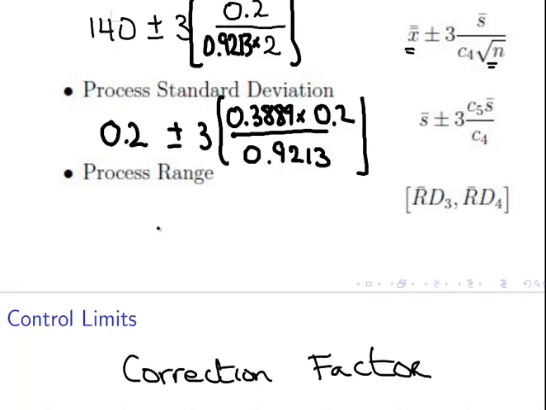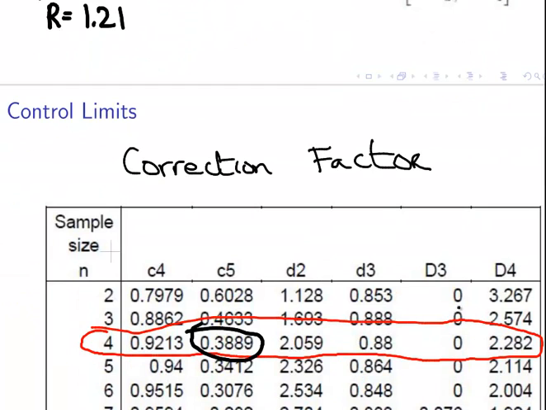Finally, again, that's a little bit of calculator work. R bar D3, R bar D4. R bar is 1.21. Okay. Now, D3 is 0 and D4 is 2.282.